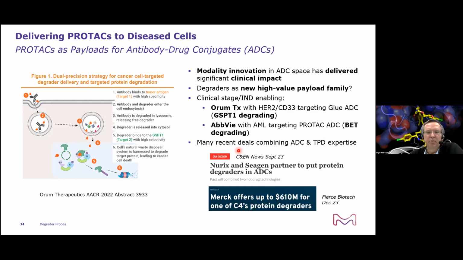And some of you will also have seen that there have been quite significant deals recently between companies who are experts in the ADC space with companies who are experts in the TPD space, which already tells you that there's a lot of excitement in this field.